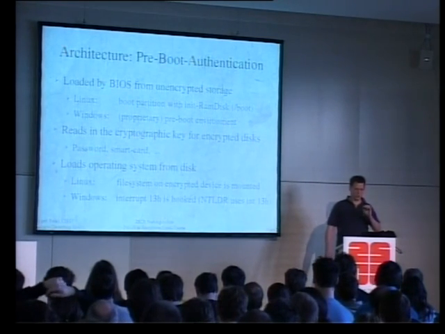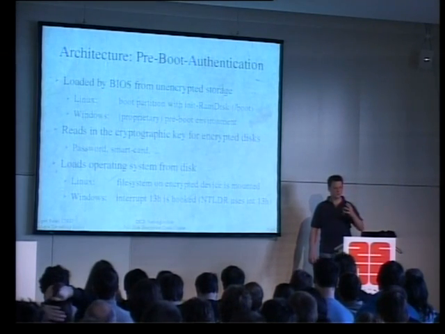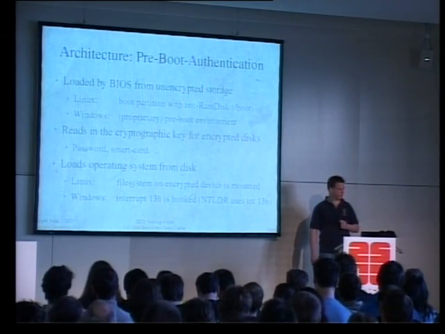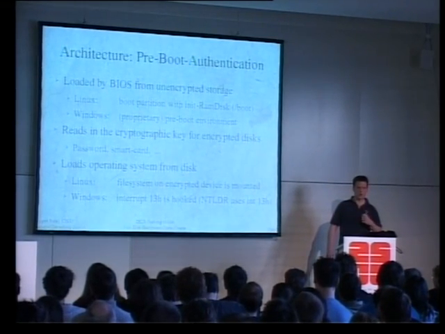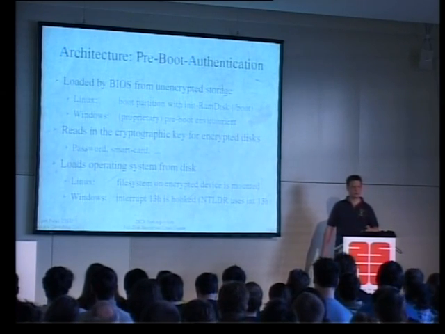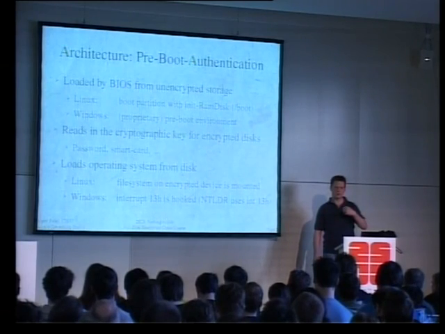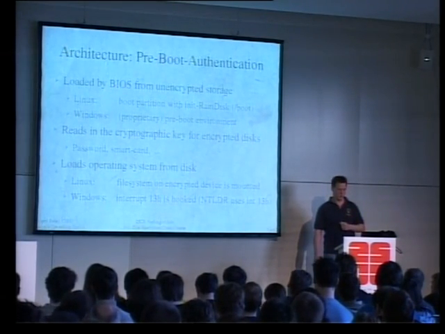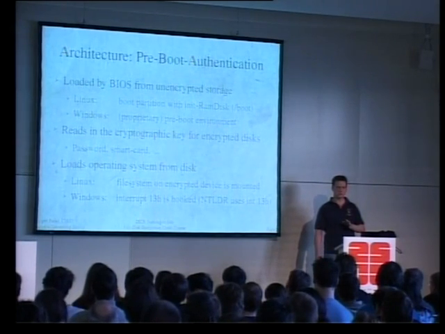So when the NT loader is run, it uses interrupt 13, and because the pre-boot environment has already replaced the int 13 function or extended it, NT loader loads the data from the disk, which is encrypted, but it does so transparently. Did I get this point across?